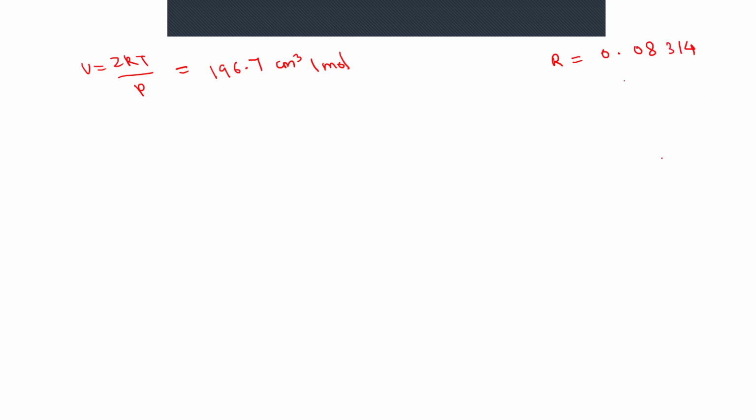And this liter is expressed in terms of centimeter cube as 1 liter equals 10 power 3 centimeter cube. Okay, and similarly you have to do it for the H0 and H1, where now I'll be showing you.